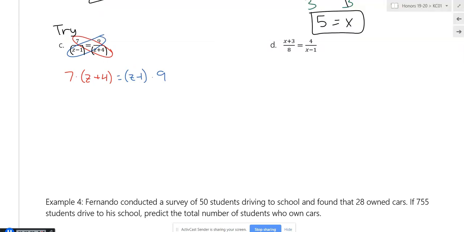My next step is to actually multiply, so I have to do my distributive property. So you should have 7z plus 28 equals 9z minus 9.